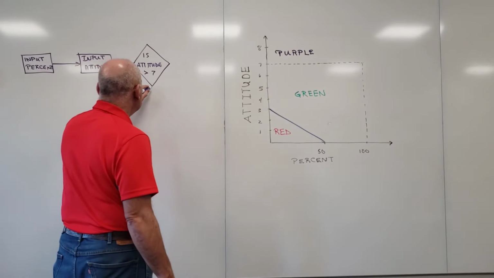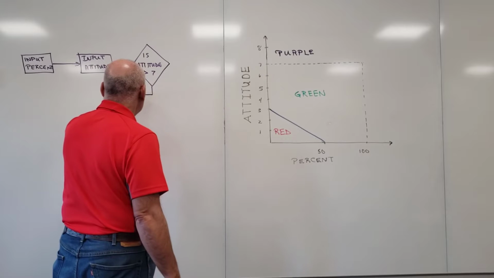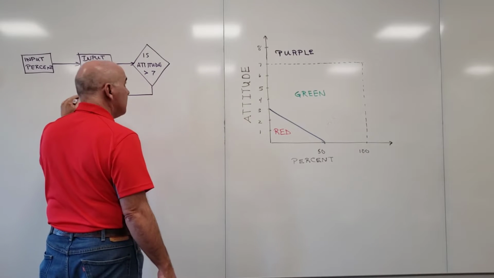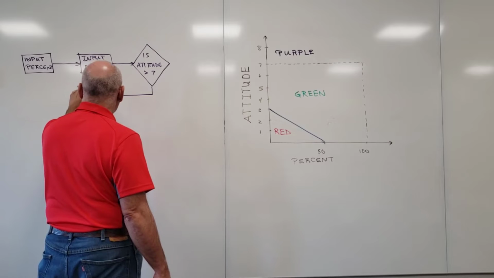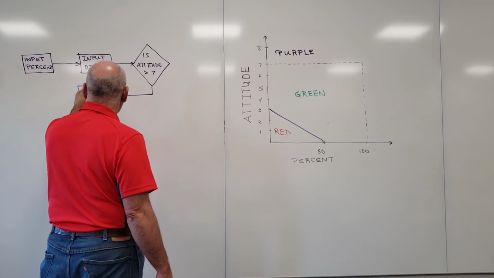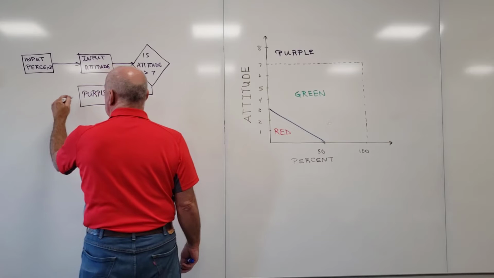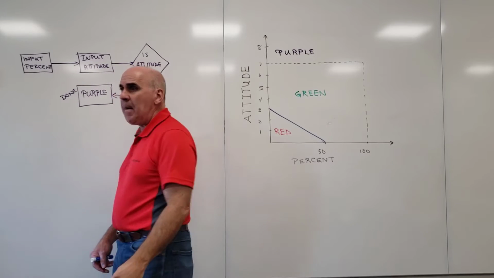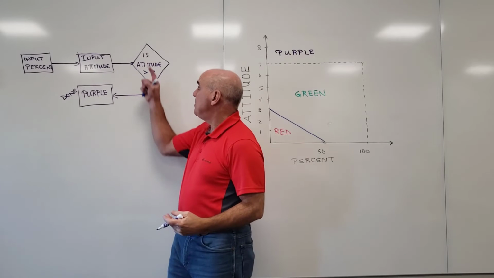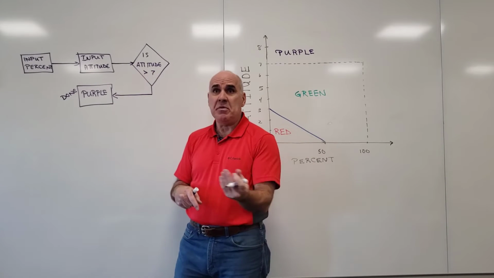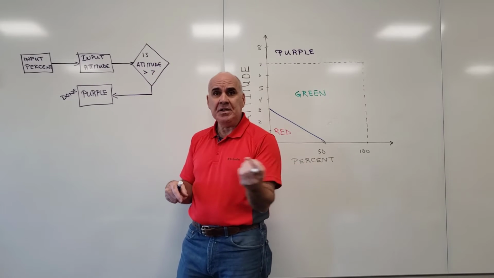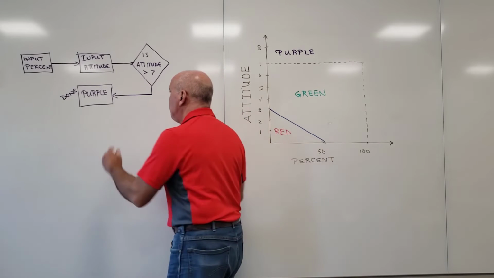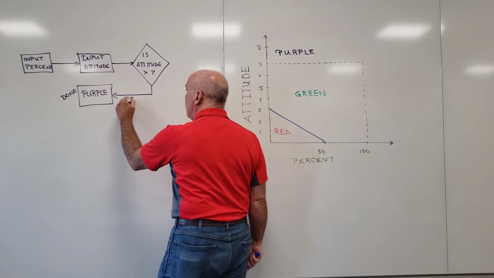If the answer is yes, then I'm purple, and in that scenario I'm done right there. It doesn't even matter what the percent is. All that matters is the attitude. So this is my yes track.